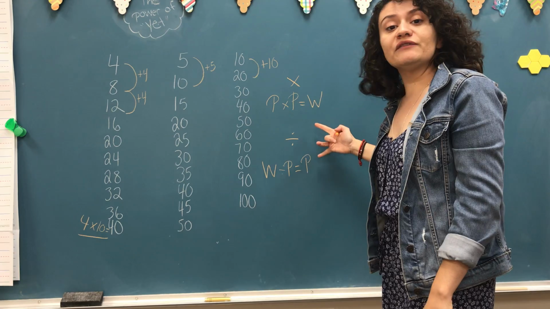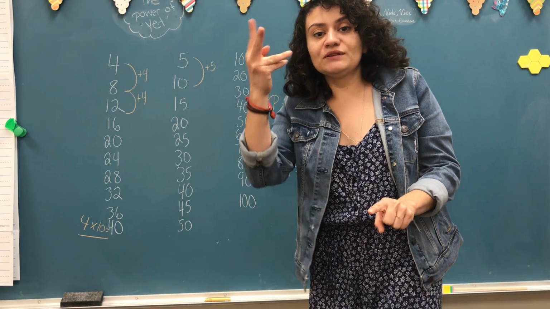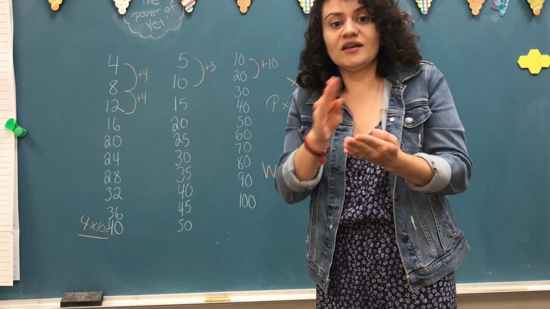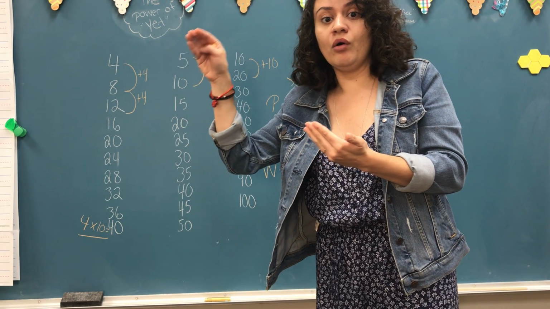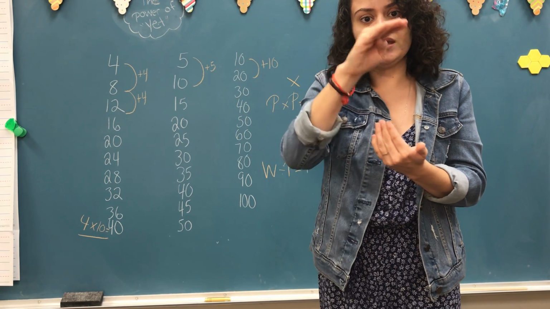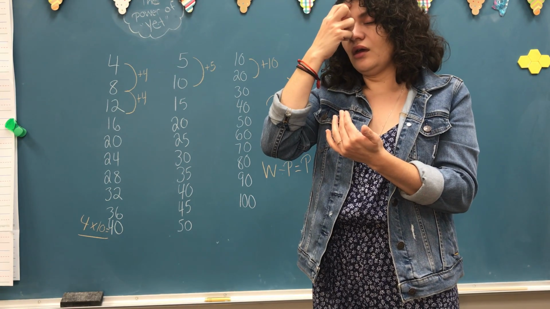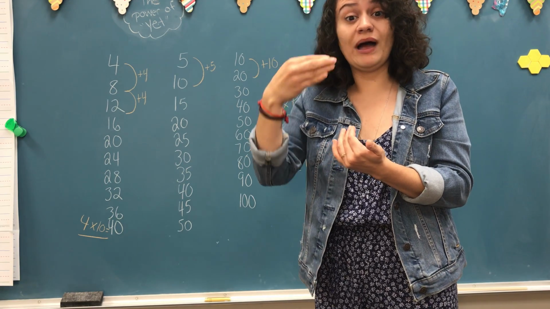And you would have noticed when we were doing our 2's and 3's facts that the multiplication problem and the division problem are just the opposite, right? Something times something equals that whole, divided by that something equals that something. When you're doing a division problem, you can think, what times this number would equal this whole number? And that will help you.